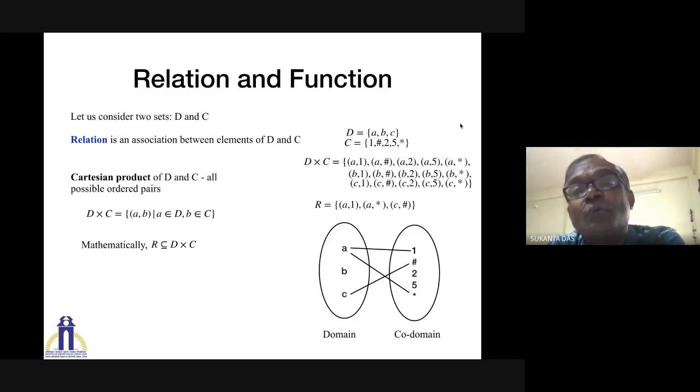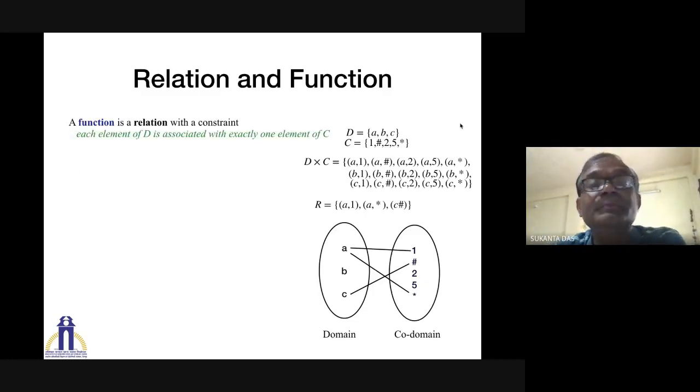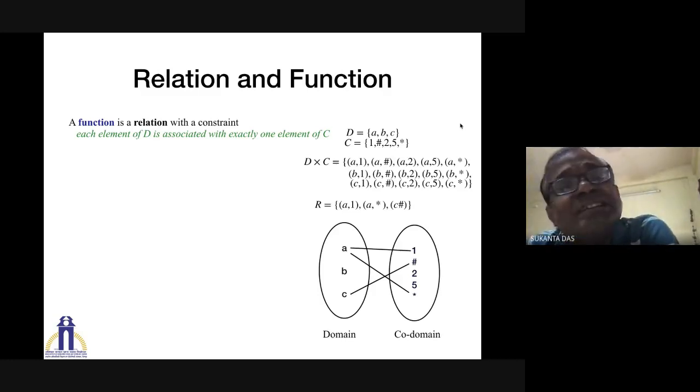So therefore, when D and C are given, for that D and C, I can get D cross C, and for that D cross C, I can get a number of subsets. Each subset is a relation. So for D and C, we can define a number of relations. Okay, so now function. Actually, function is a relation, but in case of function, we put some constraint.